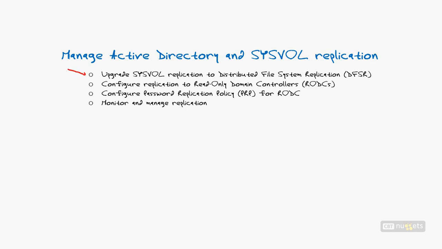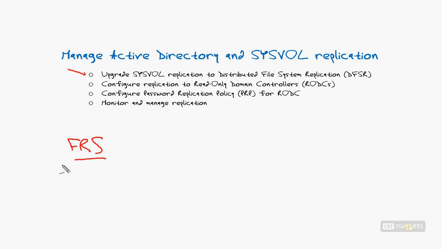If your Active Directory environment is one that was built after, I think it was 2008, so it began its life as a Windows Server 2008 Active Directory, well, you will never need to do this. Because prior to that time, SYSVOL, the process by which all of our Active Directory stuff got moved around, was replicated through a service called the File Replication Services, or FRS.